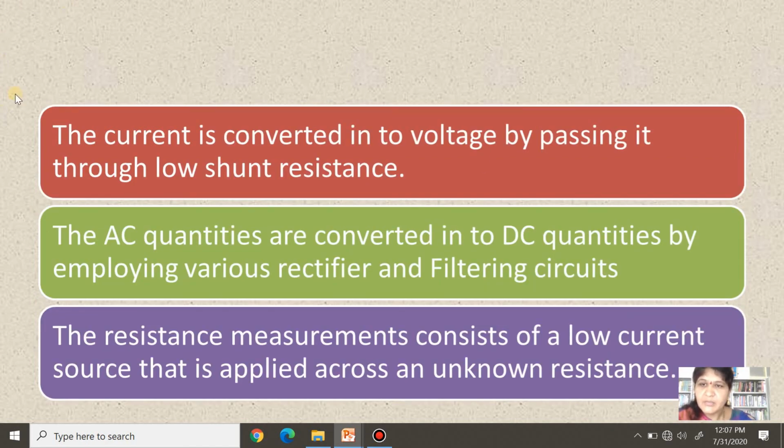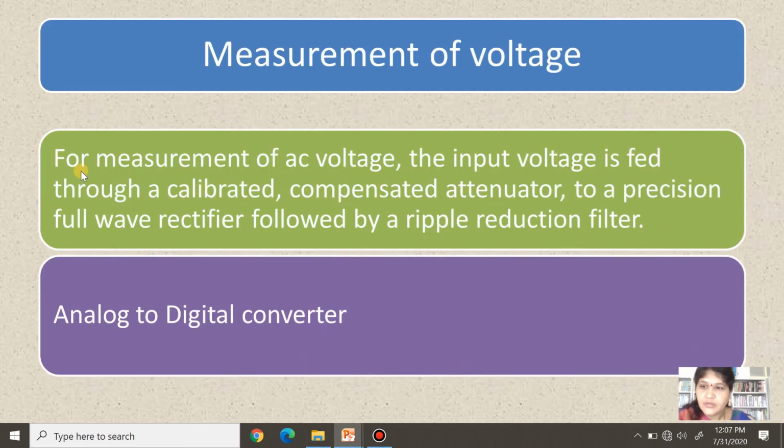The digital multimeter is used to measure the AC voltage as well as the DC voltage.